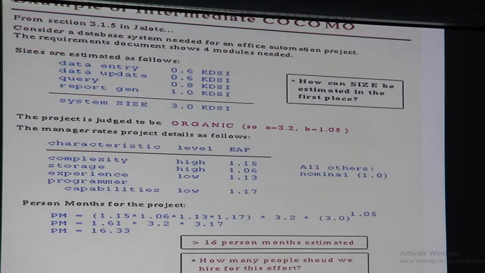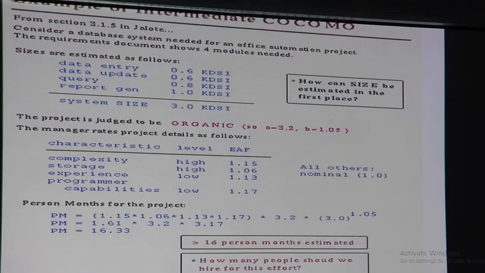Complexity is high, 1.15. Storage is high, 1.06. They are nothing but effort adjustment factors. Experience of programmer is low, so it's 1.13.